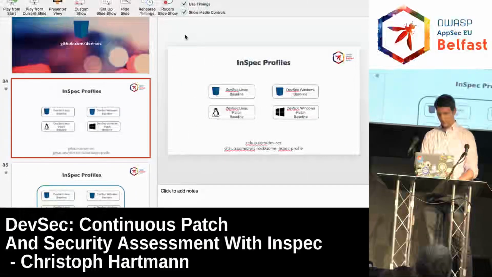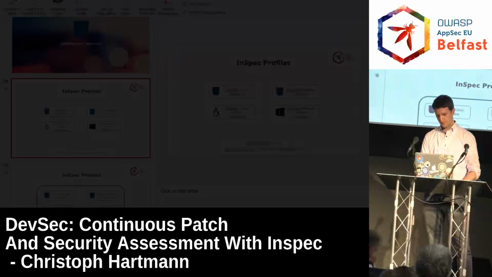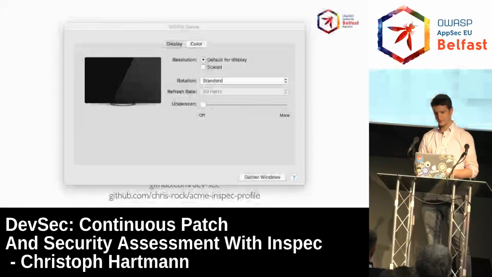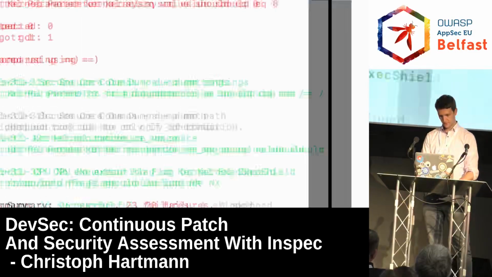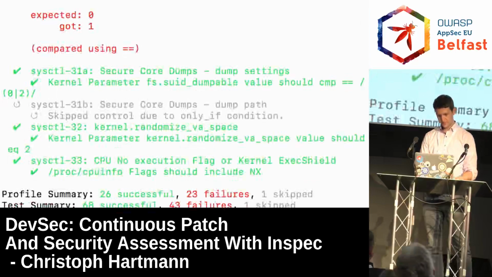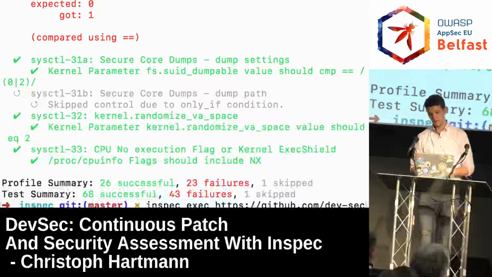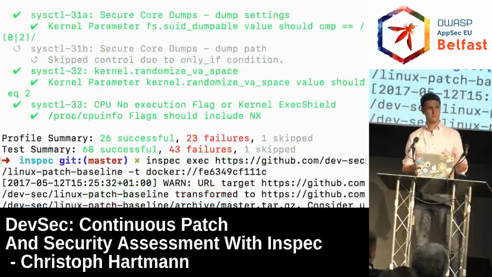So the same thing works for Windows as well. And so I think I show you quickly the patch baseline. So we have a patch baseline as well. It's the Linux patch baseline, we download it from GitHub and we run it against that container. So it's a freshly started Ubuntu container.